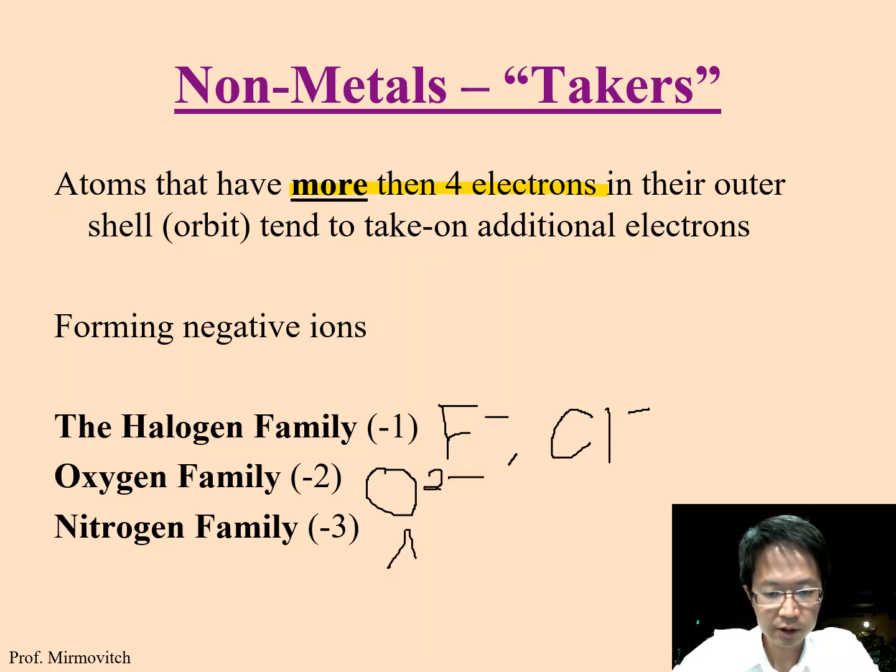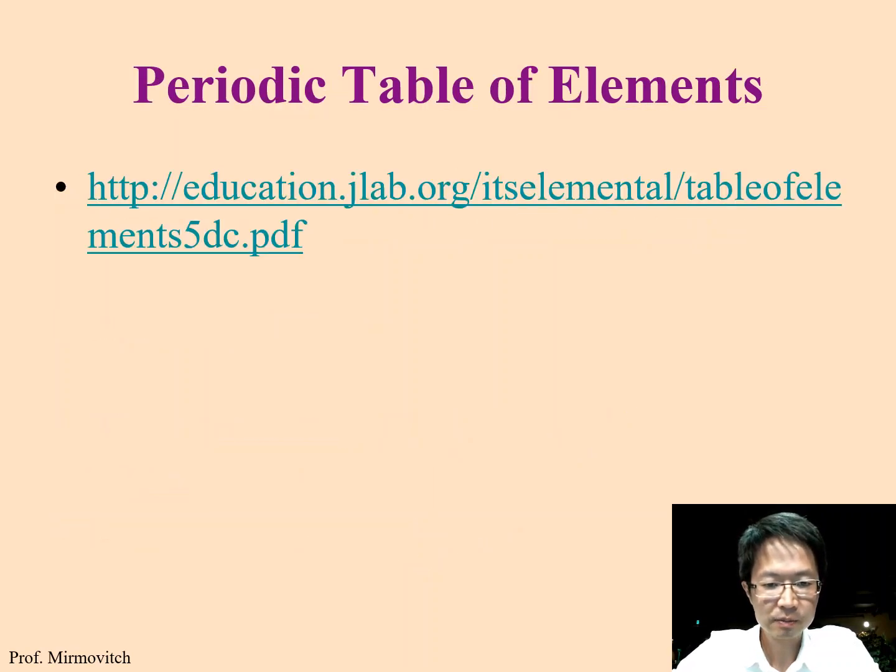Nitrogen is 3 minus. So you can look at this PDF file, it will explain more about the periodic table to you.